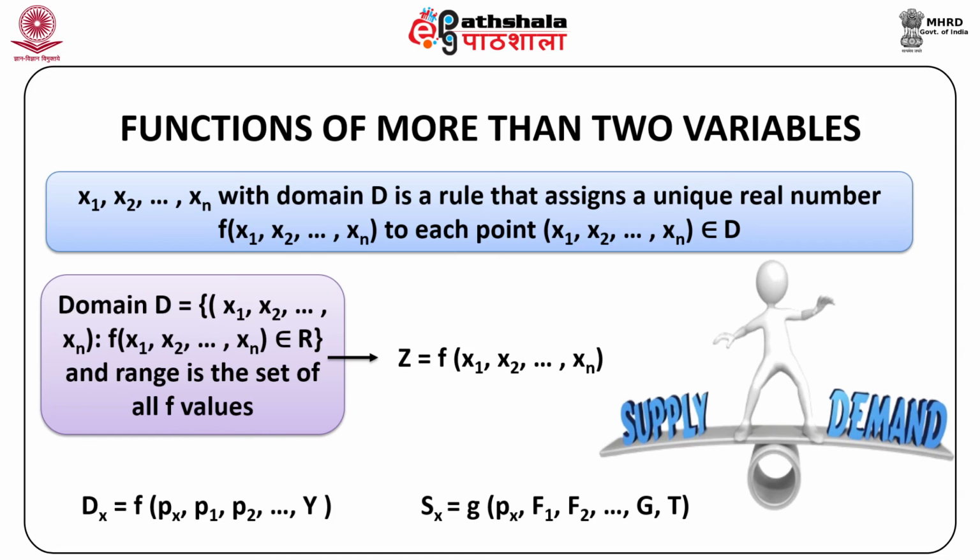Demand and supply for a commodity in economics typically depend on a number of factors. For instance, demand depends on own price, price of other related goods, income level of the consumer, taste preferences, etc. Supply depends on own price, price of inputs, goal of the producer, state of technology, etc. Dx is equal to f(px, p1, p2 till pn), and Sx is equal to g(px, r1, r2 till rm).